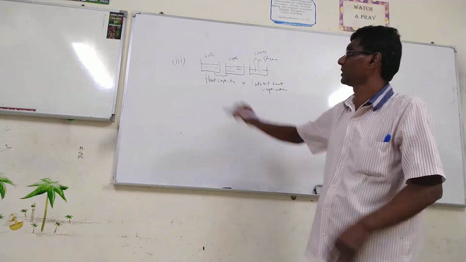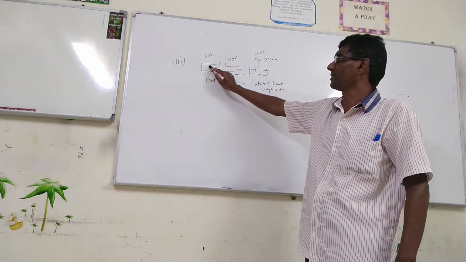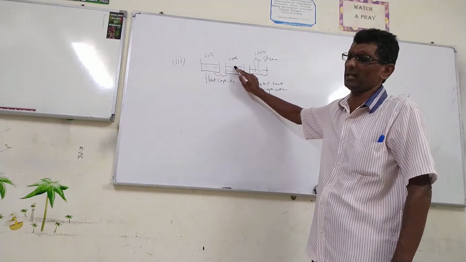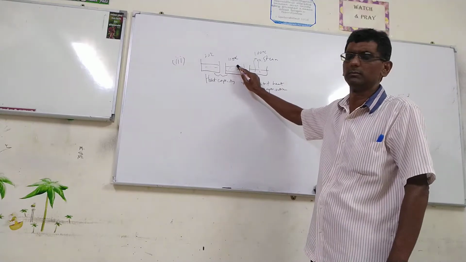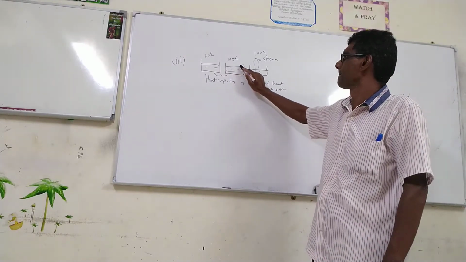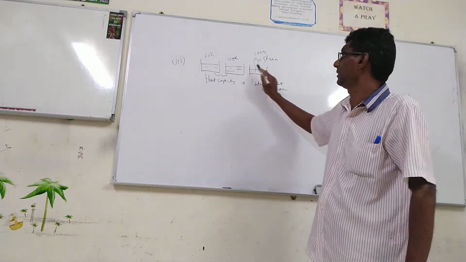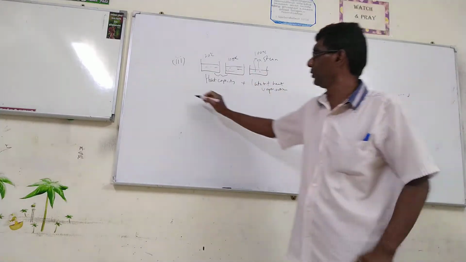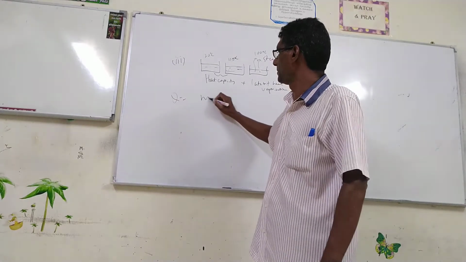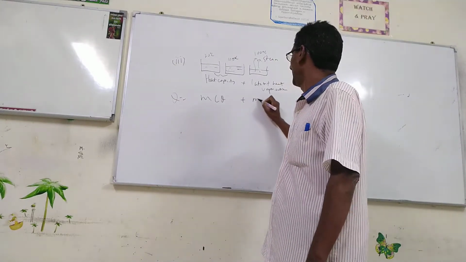Two stages. The first stage, 20 degrees Celsius, the temperature increases to 100 degrees Celsius. And at 100 degrees Celsius, the temperature remains constant as it becomes steam. So Q equals mc theta plus mL.